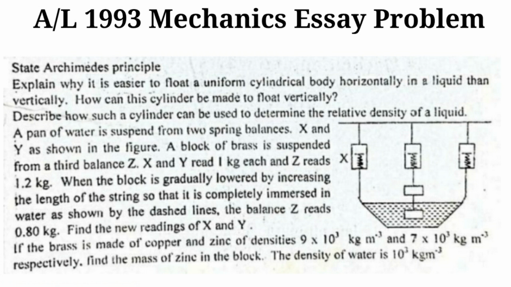When the block is gradually lowered by increasing the length of string so that it is completely immersed in water as shown by the dashed lines, the image is not clear, you can't identify dashed lines, I will explain it. The balance Z reads 0.8 kilograms. Find the new reading of X and Y.